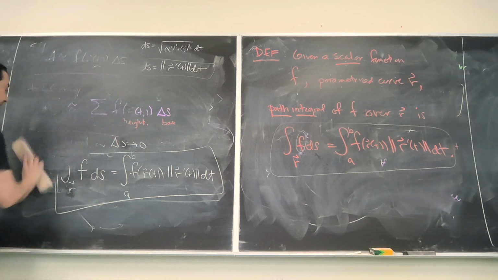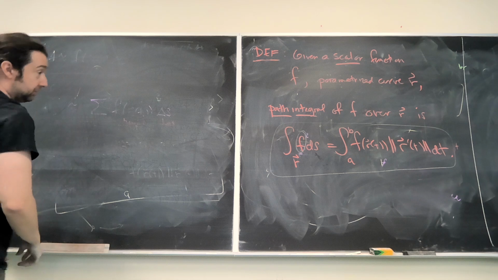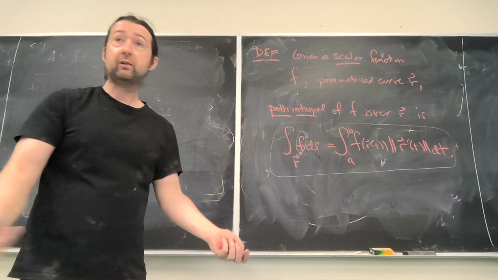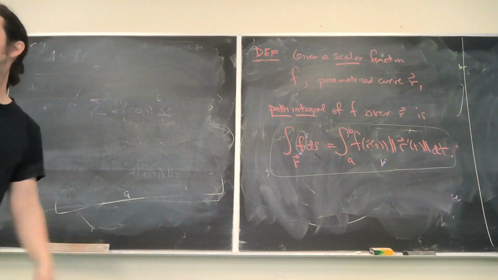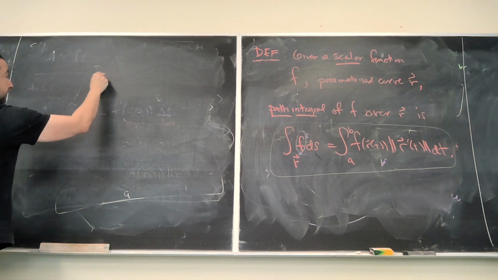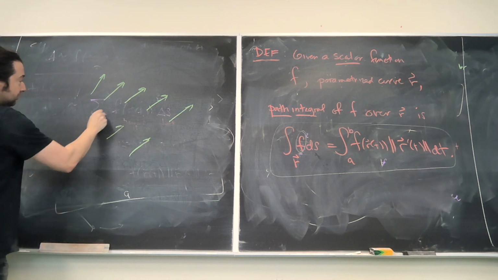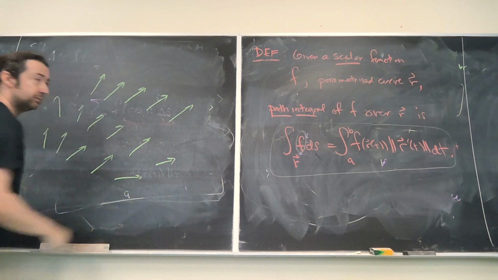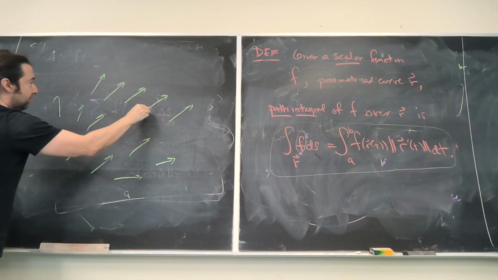What I don't yet have, and this is the real meat of this chapter, is the other picture, which is, what if I don't have a scalar function f? What if I have a vector field instead? And the basic motivating question for the next type of integral, which we're not going to do today because there's no way there's enough time, is the following. If I gave you a vector field, so you can imagine a gravitational field or an electric field, and in that vector field, I prescribe the motion of some particle.